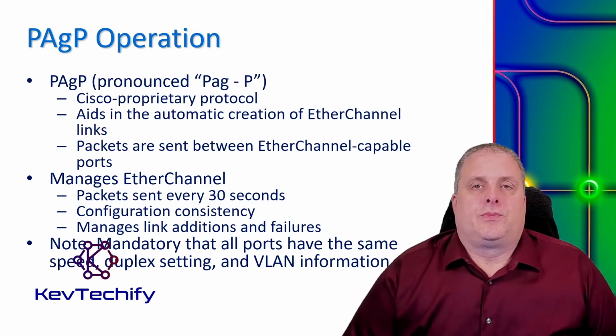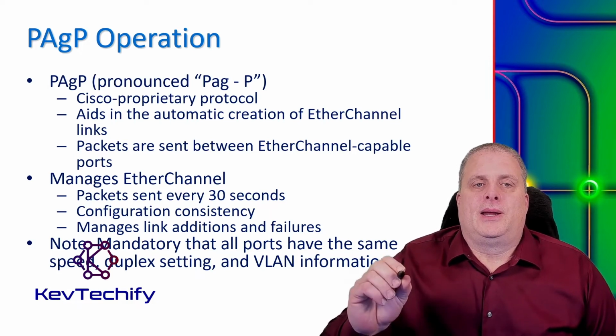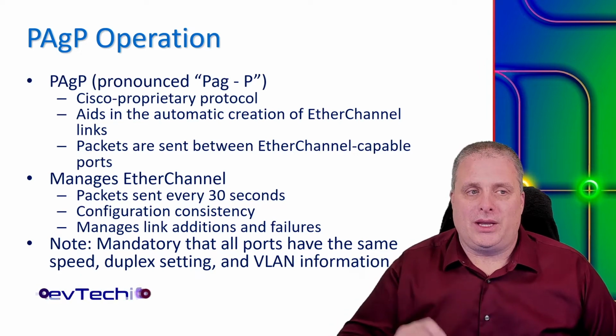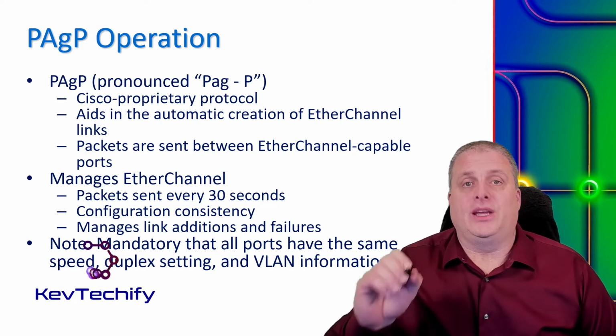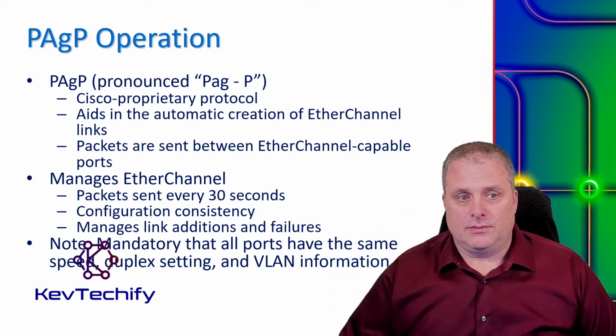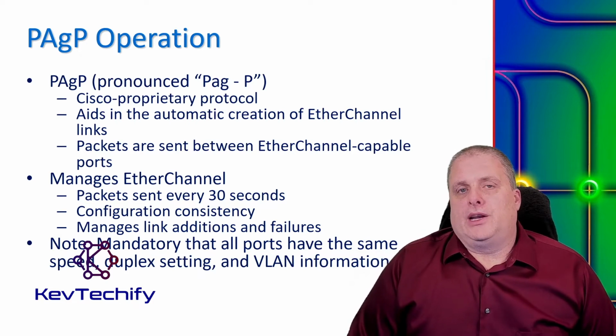Okay, the first auto-negotiation protocol is pronounced PAgP. I have a problem saying that. PAgP. It's written as capital P, capital A, lowercase g, capital P. This is a Cisco proprietary protocol. Now, is that a good thing or a bad thing?